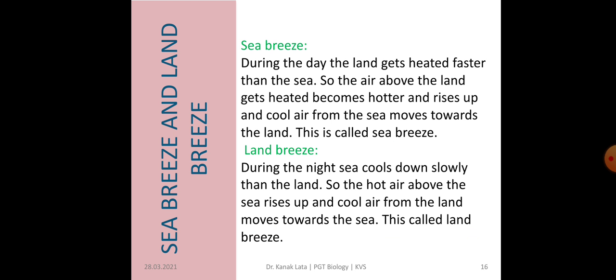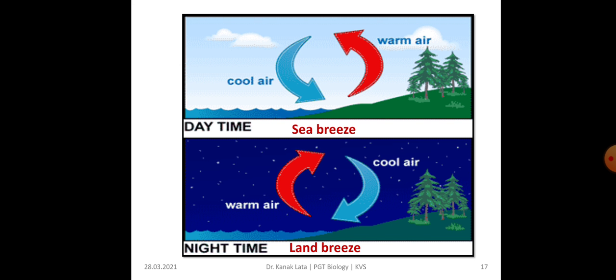Here you can see the figure of sea breeze and land breeze. In sea breeze, during daytime, the land is heated and cool air moves towards the land, whereas at night time, the warm air goes up and cool air moves to the sea.